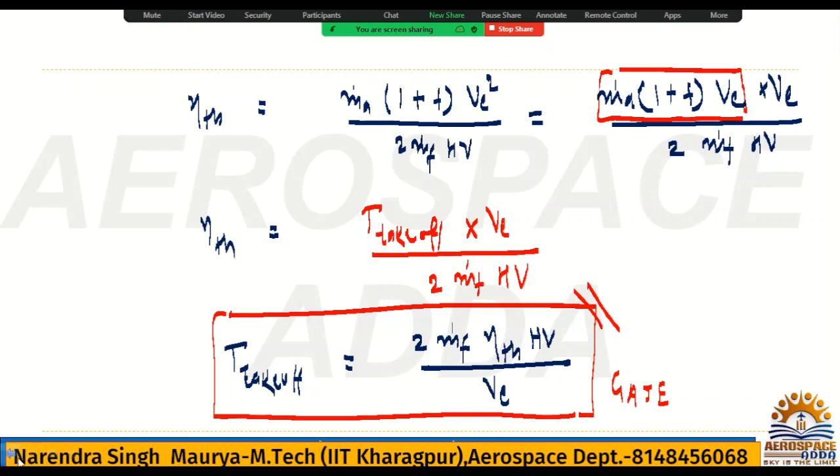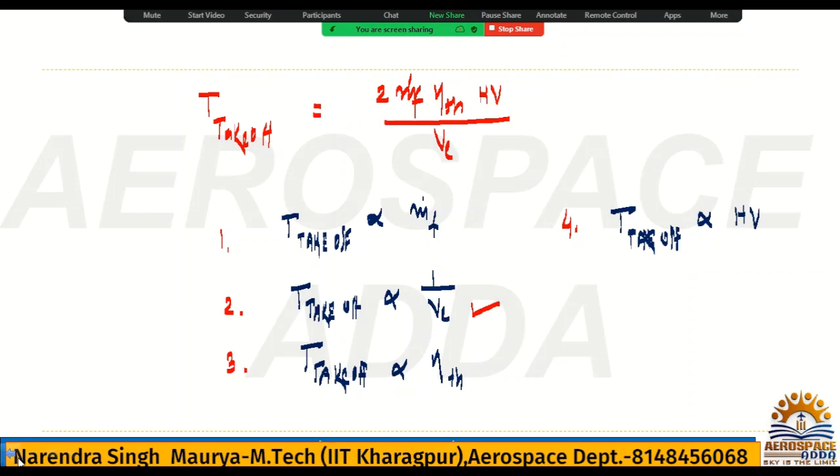Anyway, exit velocity, eta th. But the aircraft which has the lowest exit velocity or exhaust velocity will give maximum takeoff thrust.